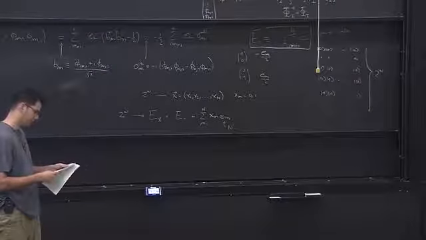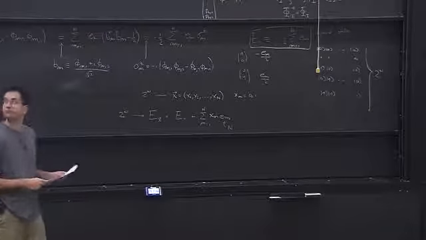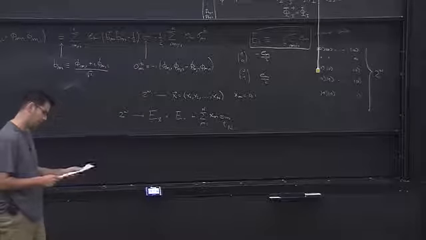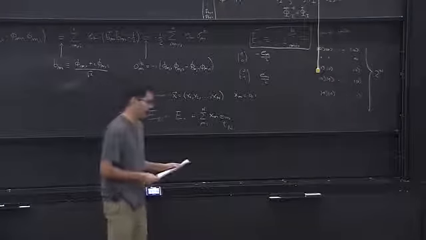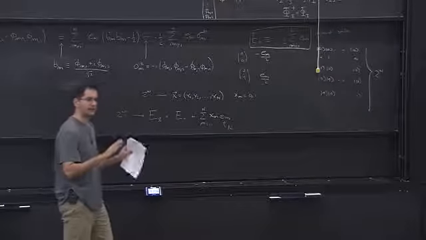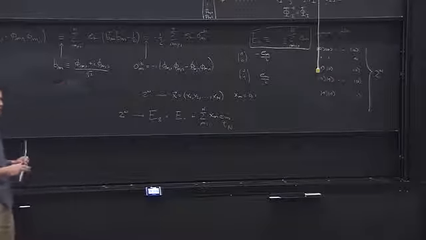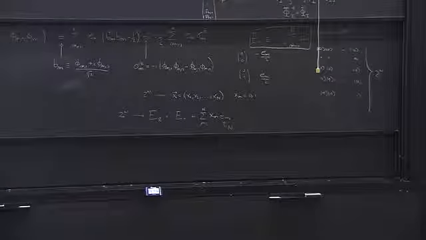Okay, so maybe today I won't finish late. So why is this interesting? Well, let me say this is interesting for two reasons. First one is these are systems of interest on their own.